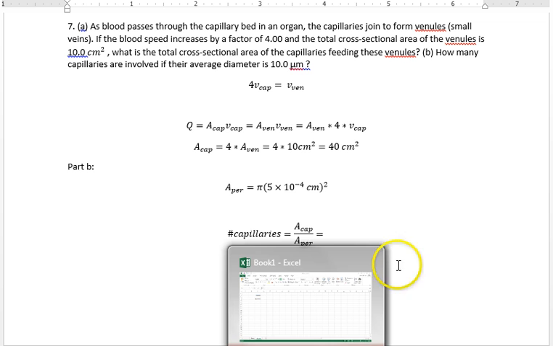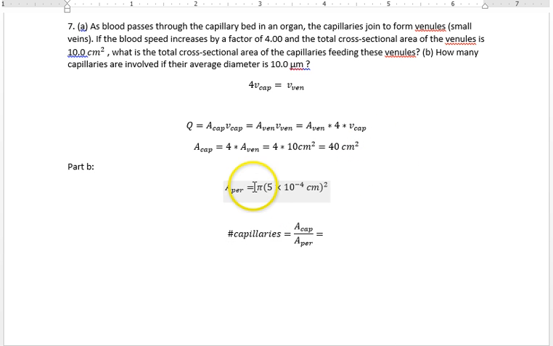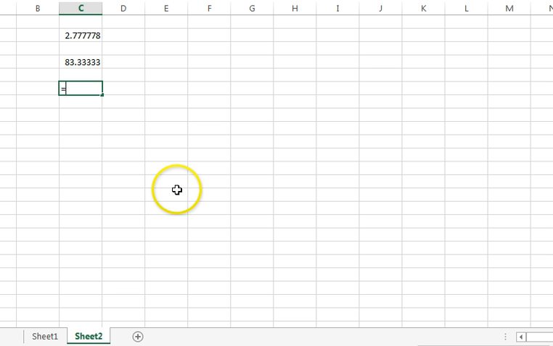And so 40 square centimeters divided by pi times (5 times 10 to the minus 4 centimeters) squared. 40 divided by pi divided by (5e-4) squared.